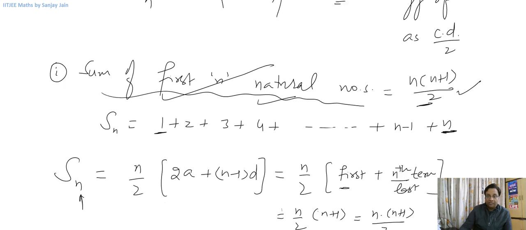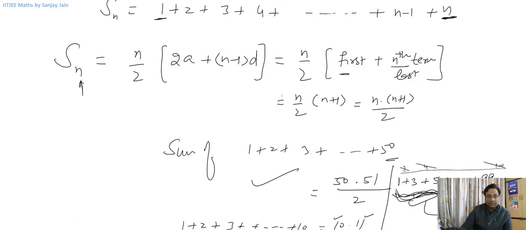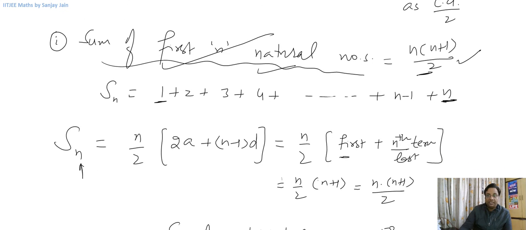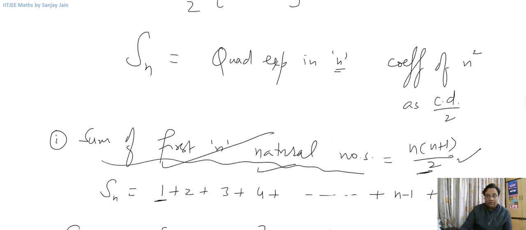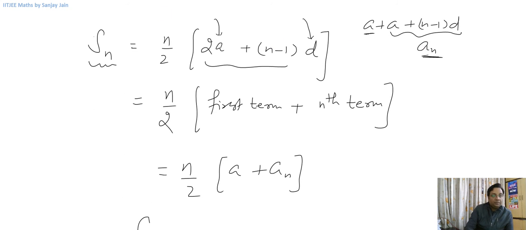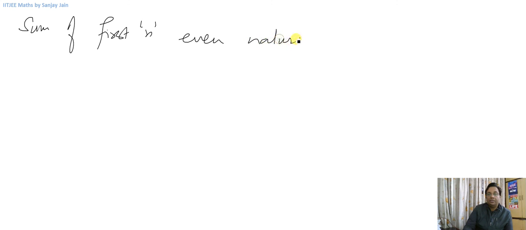Third thing that I want to learn is sum of first n even natural numbers. Let me clear the board. Sum of first n even natural numbers. Now this is pretty simple for you to think.